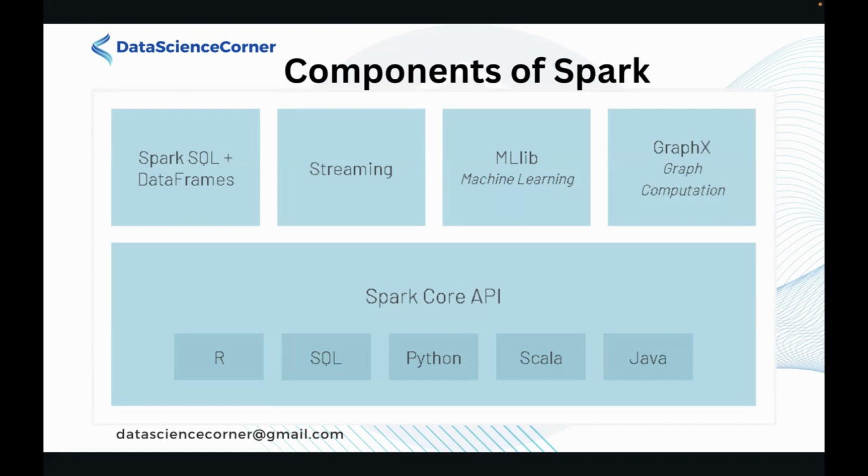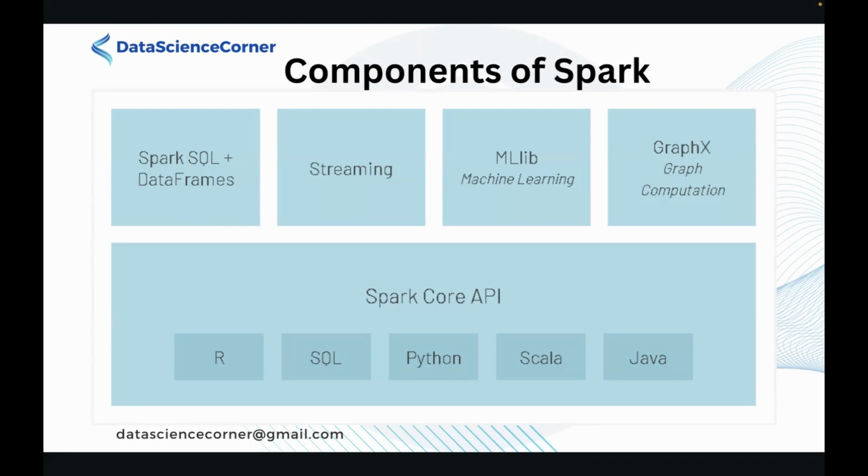MLlib is available for use in Java, Scala, and Python as part of Spark applications. GraphX. GraphX is Spark's API for building and executing graph-parallel computations. It allows users to interactively build and transform graph-structured data at scale. So these are the components of Spark.